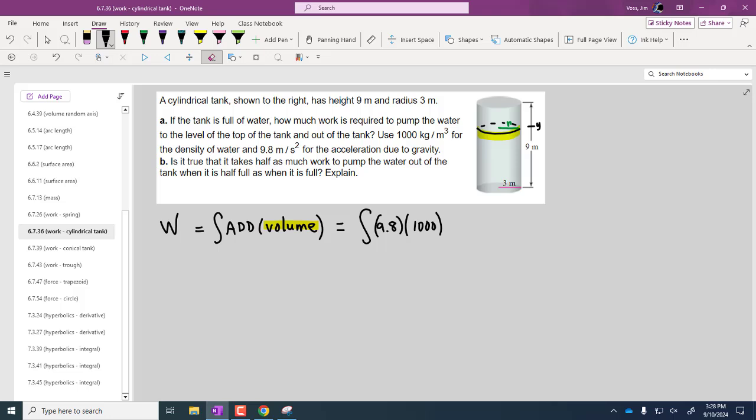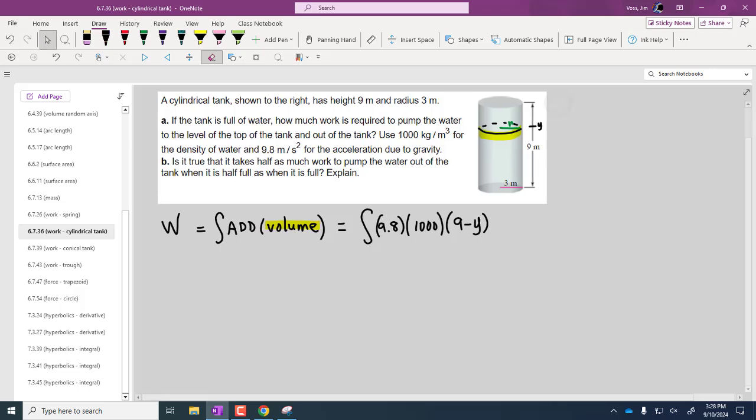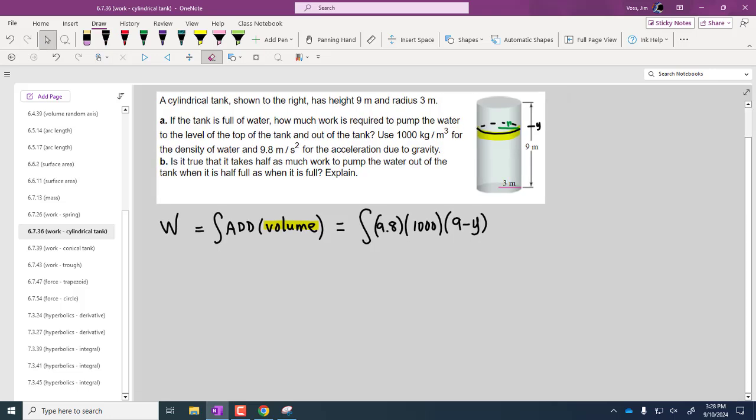What will that distance be? 9 minus y. So 9 takes you all the way. y takes you just to there, so that little distance there is 9 minus y. So that's the distance it's pumped.